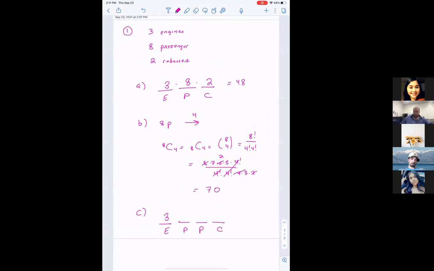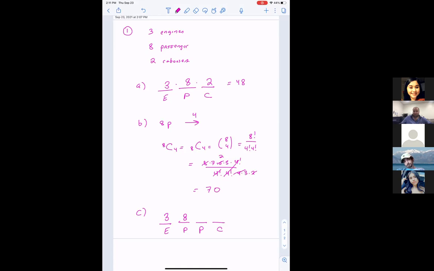So what's the possibility for the first number here for the engine? 3. What's the first number for the passenger cars? I put 16. Well, the first passenger car, how many options do they have? 8. And the second one? 8. Not once the first one's being used.